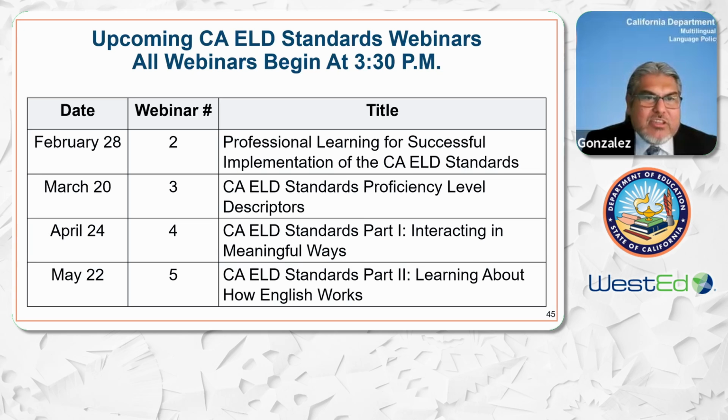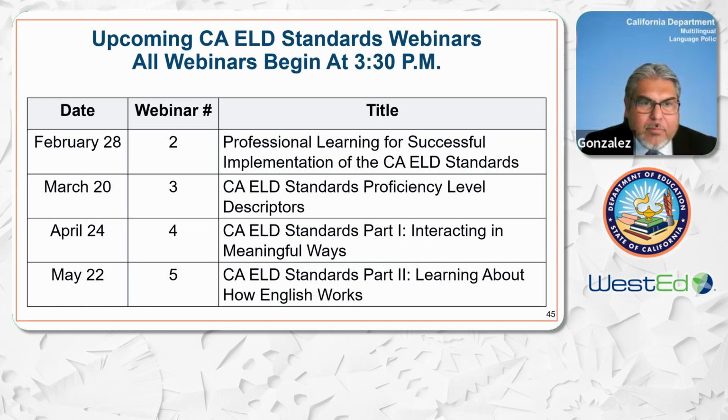Thank you. So please join us for more California ELD Standards webinar fun. All the webinars in this series begin at 3:30 p.m. Pacific Standard Time. The second webinar in the series, Professional Learning for Successful Implementation of the California ELD Standards, will deeply cover chapters 4, 5, and 6 through a professional learning lens, and will take place on Wednesday, February 28th, 2024.